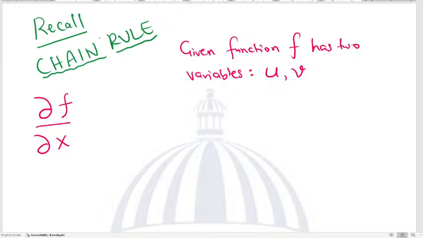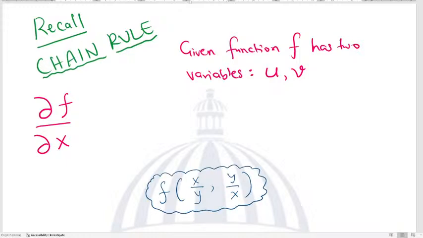For example, we have a function f of x by y and y by x, right? So this is the function.